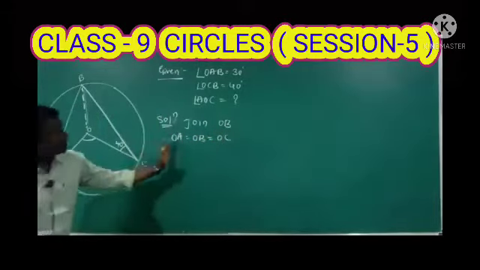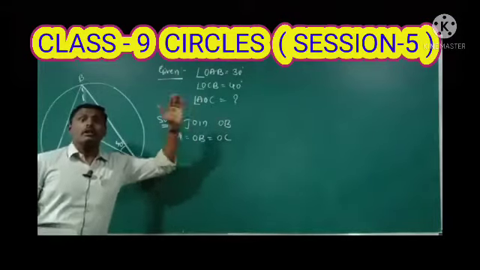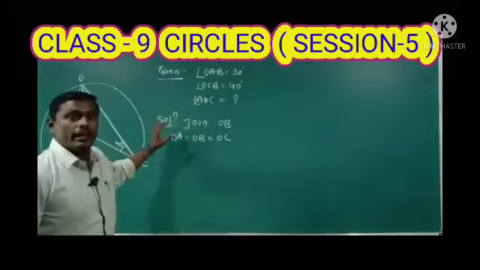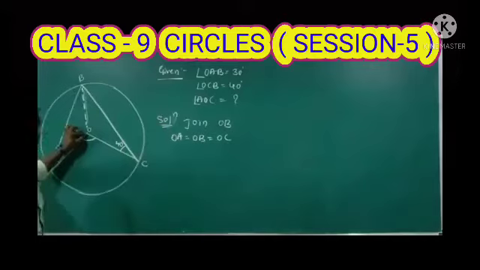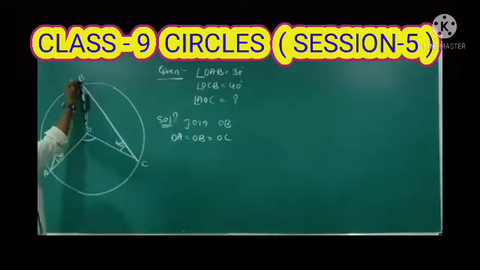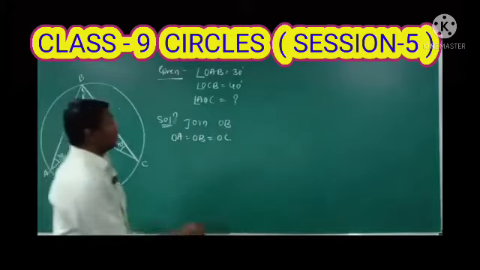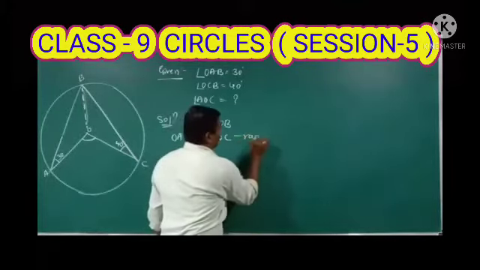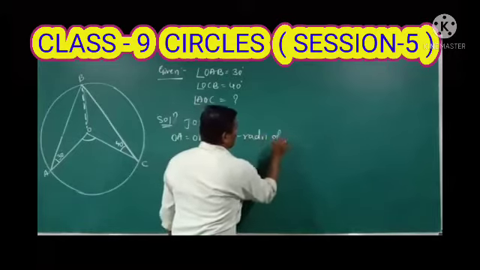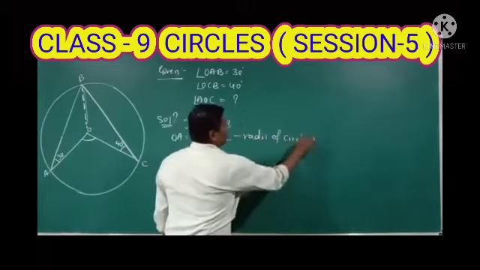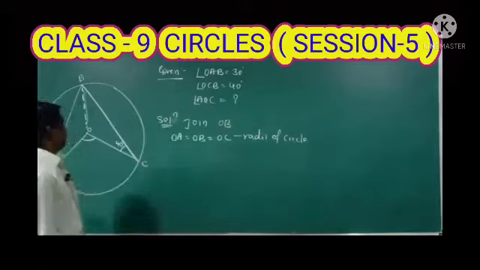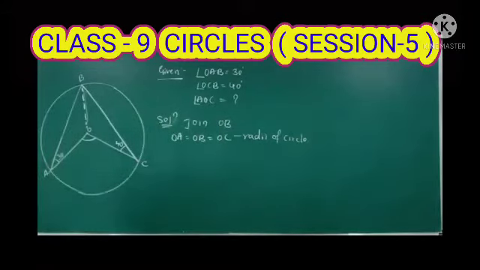Why? Because these three line segments are equal, because they are the radii of the circle. This line is drawn from the center of the circle to the circumference. So OA, OB and OC are all radii of the circle.